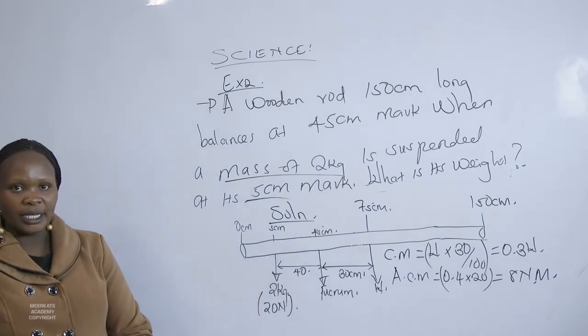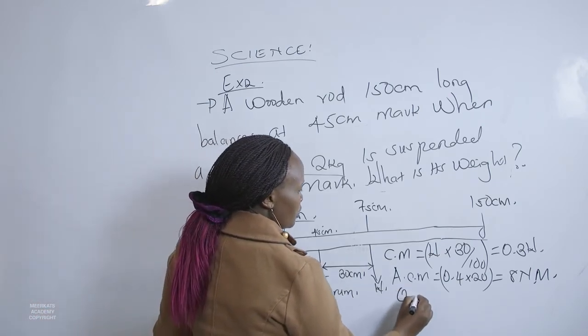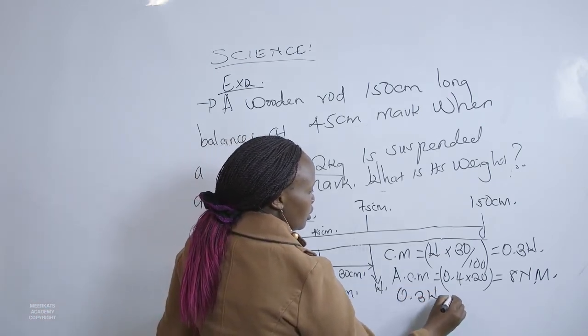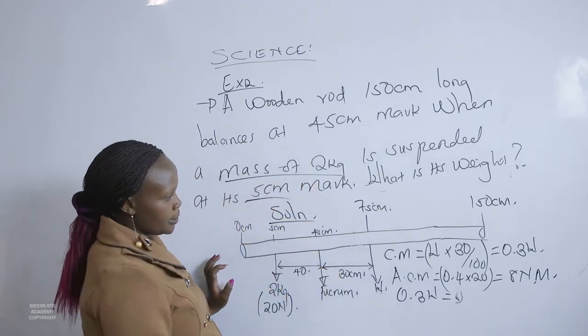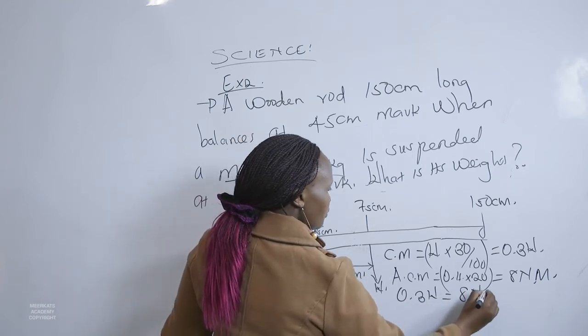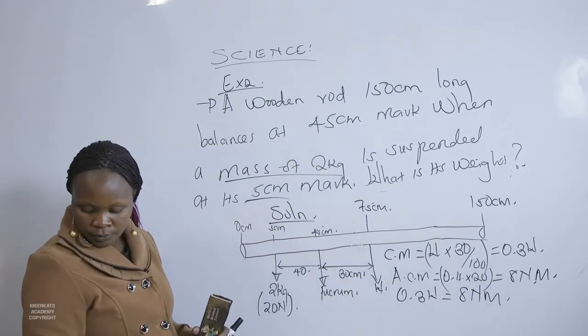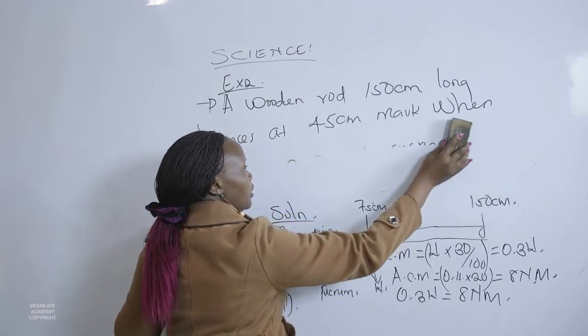Let us compare the moments now so that we have 0.3 W being equal to 8 Newton meters. And from there we can calculate the weight.